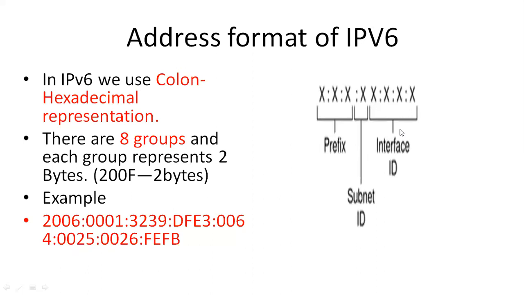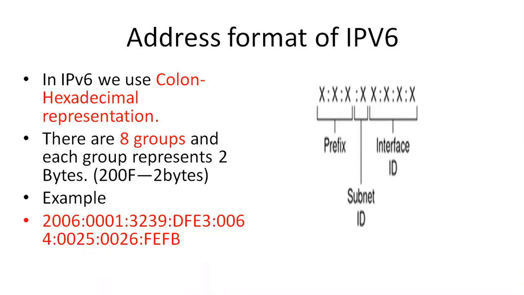That means IP version 6 is divided into how many groups here? 8 groups. A, B, C, D, up to H. That means up to H, 8 groups are there. Each group represents 2 bytes. For example, I am taking X as one group. In a particular group, you have 2 bytes.